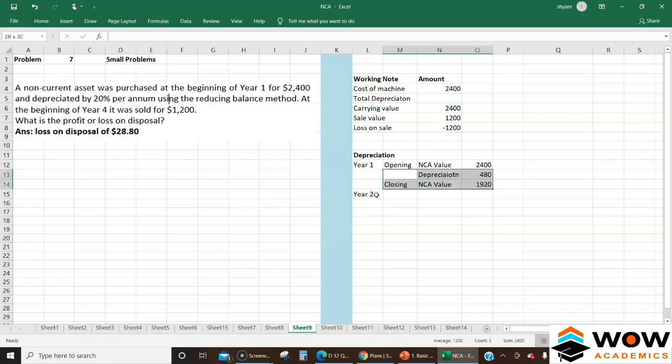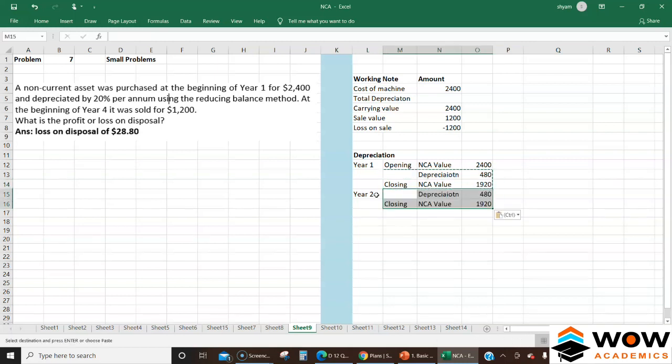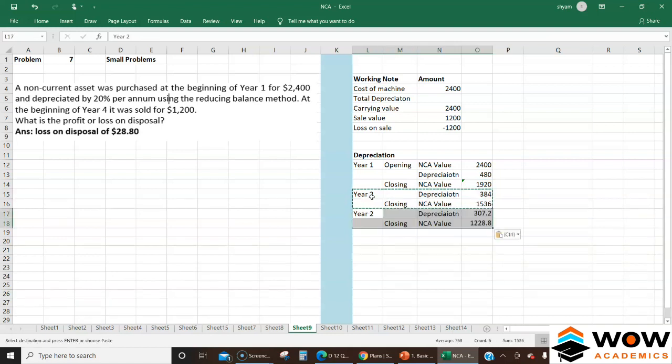Okay, so we can take this, put it here, and this 20% is the depreciation, and from here the depreciation is deducted. Okay, so year 2 we have done, we'll do year 3. So year 3 is similar. From the opening we have deducted 20%, depreciation is 20%, and value is 1228.